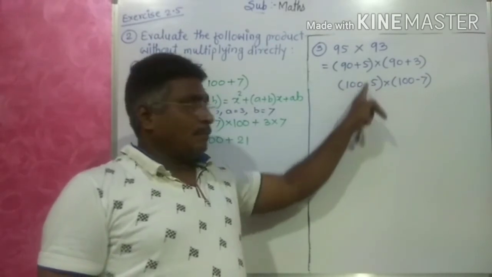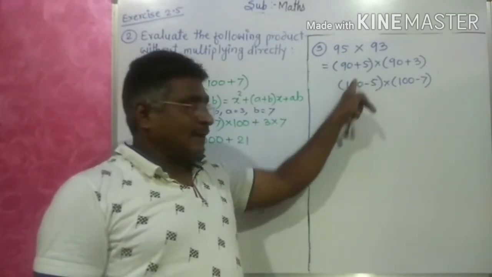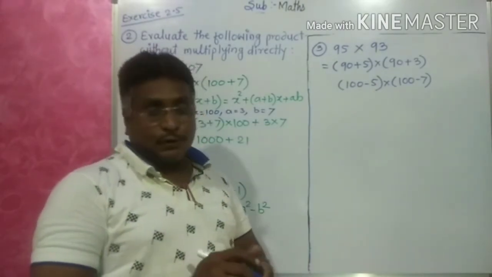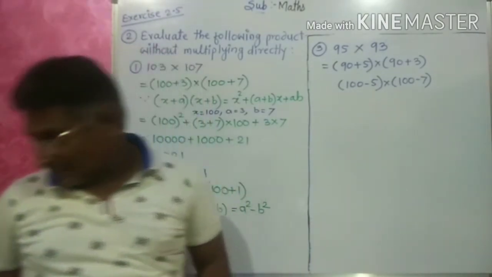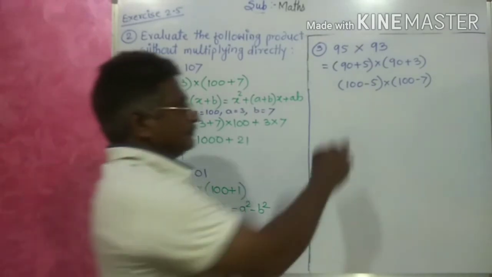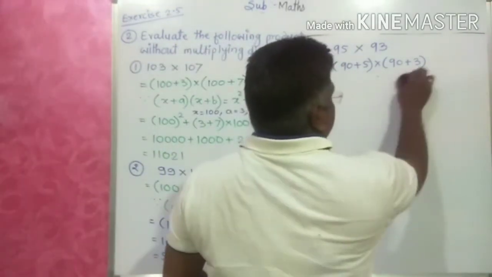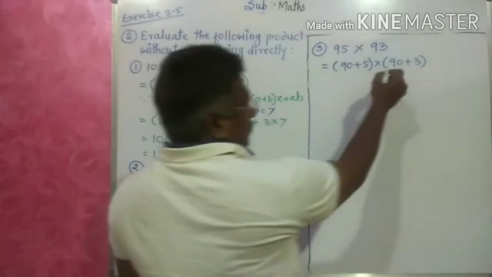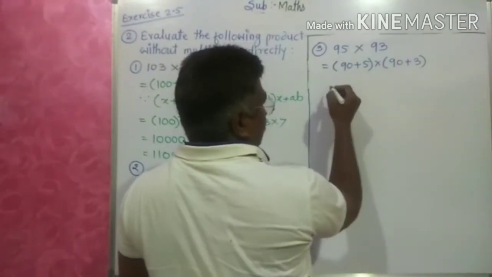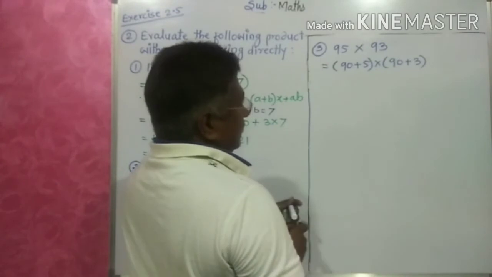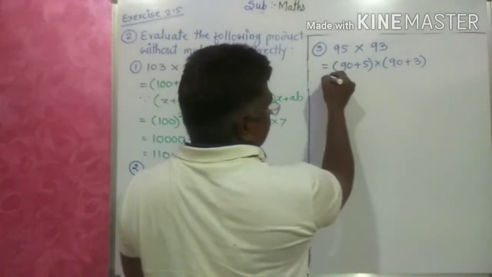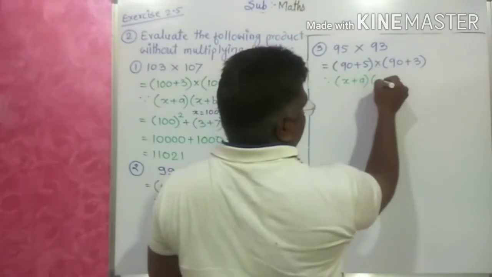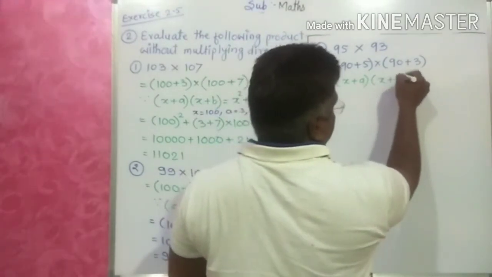No problem. Both, if you do any way, you will get the same answer. You will not get a different answer. Okay, student? So now we have to solve this. Which identity? First term is same. Means identity, what is? (x plus a)(x plus b).